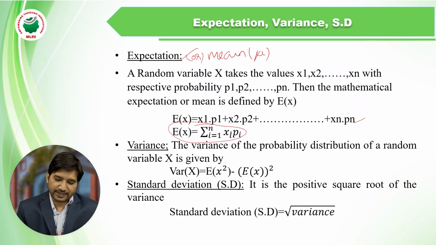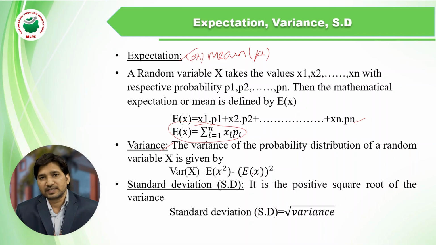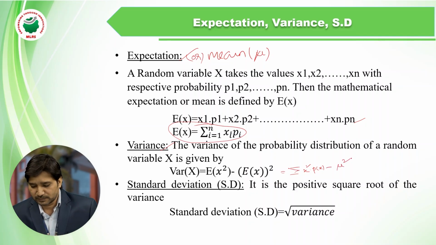Next, variance. The variance of the probability distribution of a random variable X is given by Var(X) = E(X squared) minus E(X) whole squared. We can also write this as the summation of x squared times p(x) minus mu squared, where E(X) is mu, the mean.